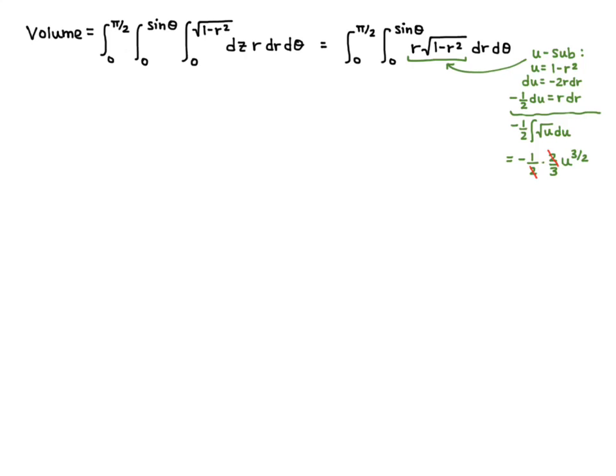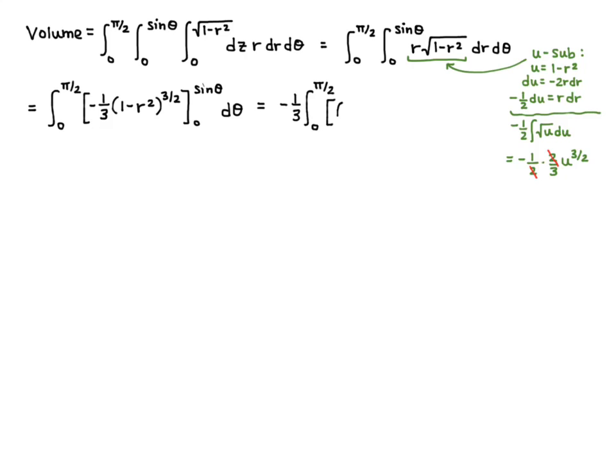So basically, what I have now, I still have the 0 to pi over 2, and I have negative 1/3. My u was 1 minus r squared. Raise that to the 3/2. Evaluate from 0 to sine theta. Plug in my upper bound and lower bound, and I bring the negative 1/3 out front.